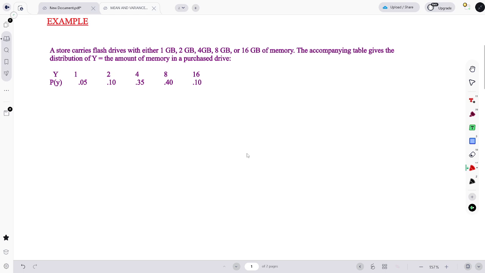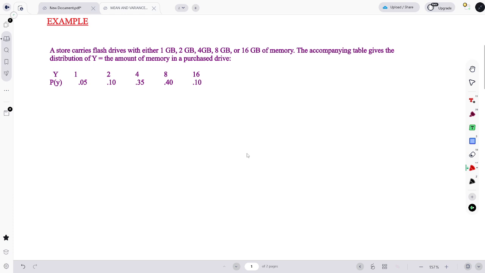The table gives the distribution of Y, where Y is the random variable defined as the amount of memory in a purchased drive. Y takes the values 1, 2, 4, 8, 16, that is 1 GB, 2 GB, 4 GB, 8 GB and 16 GB, and the corresponding probability is given.